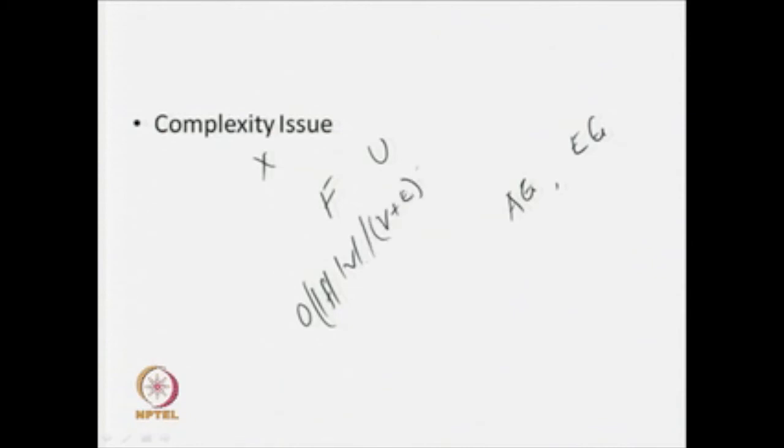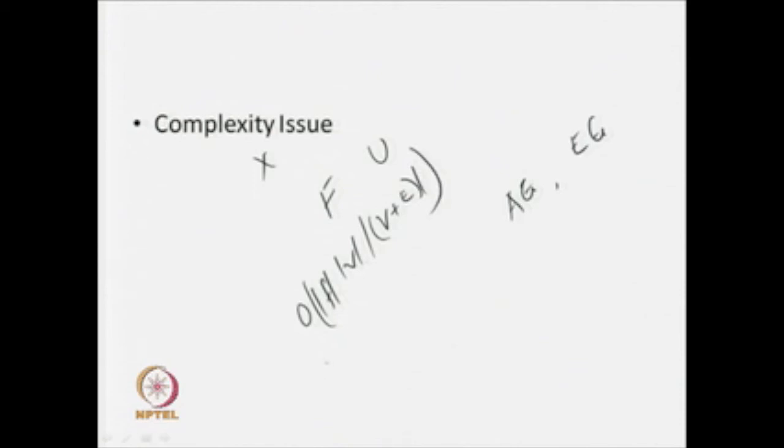Now, what are the complexity issues of either AG or EG? Already we have discussed EF and until, and of course, in both the cases we need this particular next step. So, the complexity we have talked about depends on the length of the formula, the number of states we are having, and the total state space.